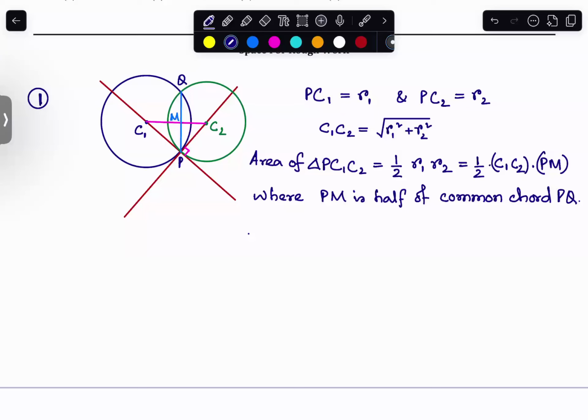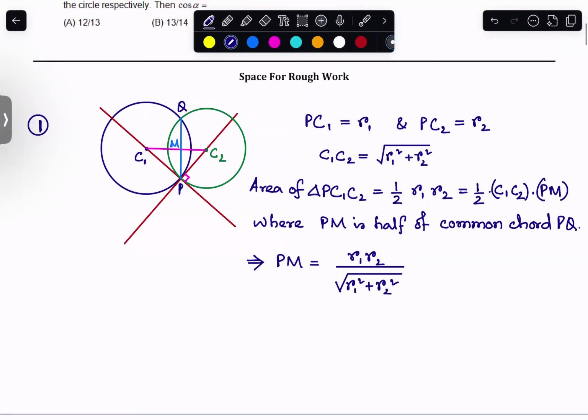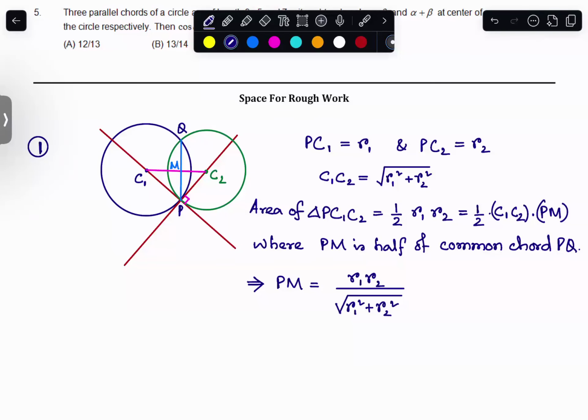So PM is going to be R1, R2 divided by root over R1 square plus R2 square. Is that acceptable? Yes, sir.